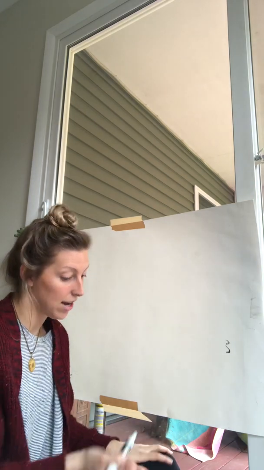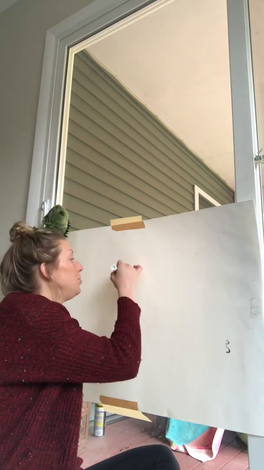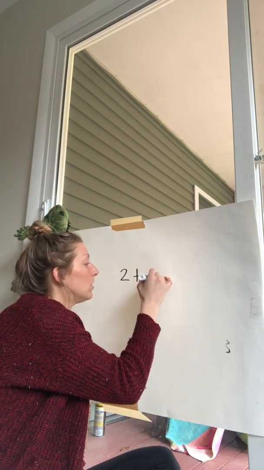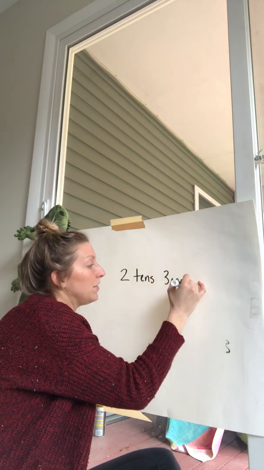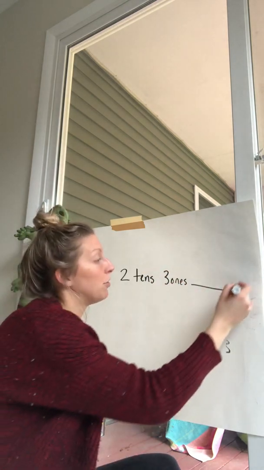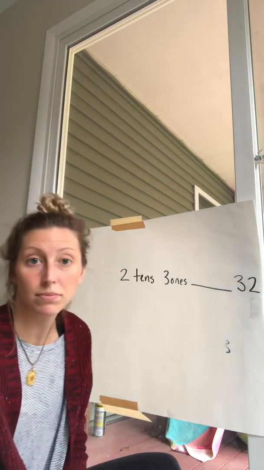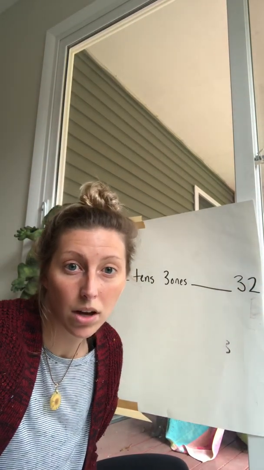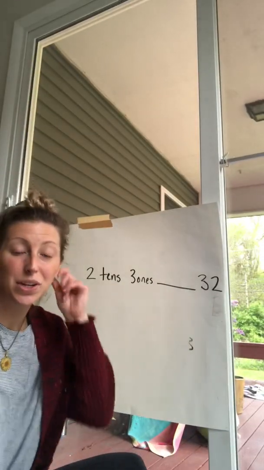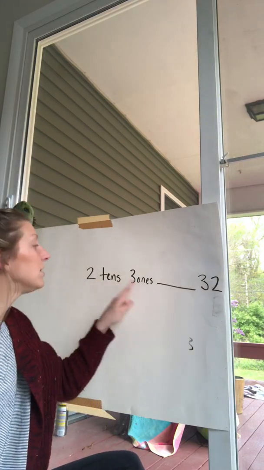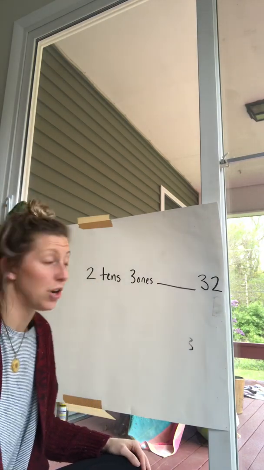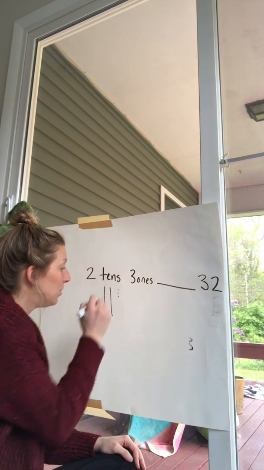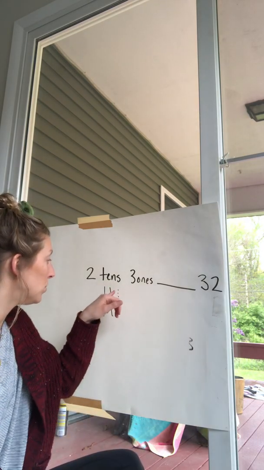Now we also have something like 2 tens, 3 ones, and on the other side we have 32. So again, 2 tens and 3 ones, even if we did a quick drawing, we have 10, 20, 21, 22, 23.